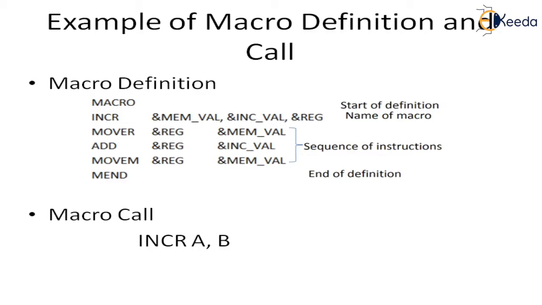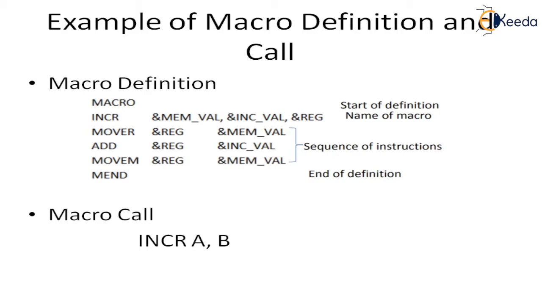It shows how macro definitions are specified and how the macro call is initialized. First of all, the macro definition. A macro definition starts with MACRO and ends with MEND, which is the macro end. In between, we create the body of the macro, which contains different sequences of instructions.